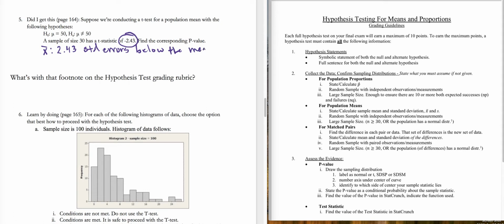And of course, the mean we're assuming is 50 because that's what H0 tells us. So they're asking us to find the corresponding p-value here.